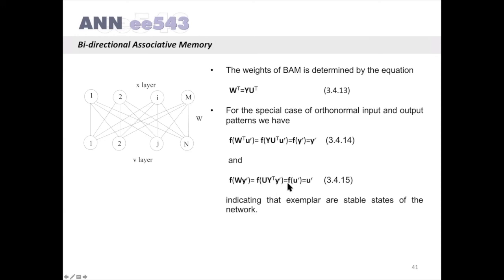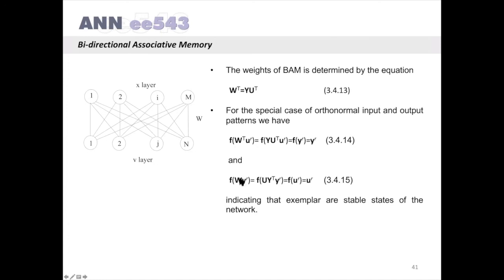After that, if we apply the sign function on UR, we obtain UR itself. So this is indicating that exemplars are stable states of the network. If we start with UR, by multiplying the weight matrix and applying the F function, we are converging to YR. At once, we are obtaining YR.